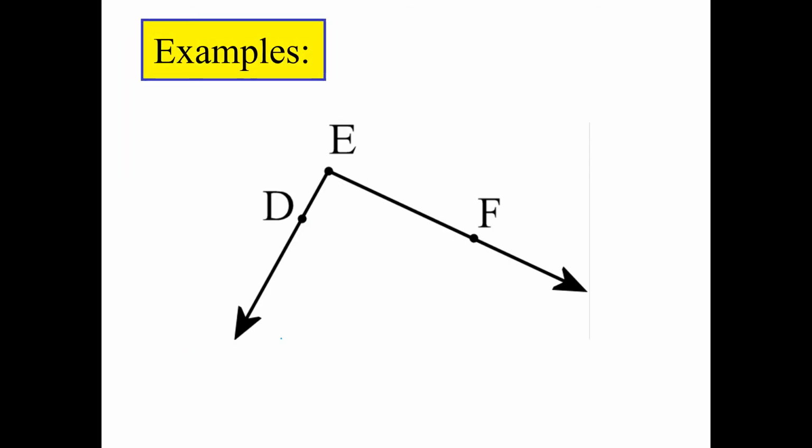Let's take a look at this angle here. We have ray ED and ray EF. They form an angle, and they meet at point E. So we can call E the vertex.